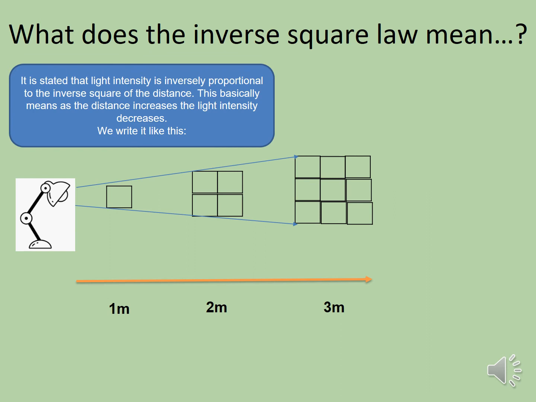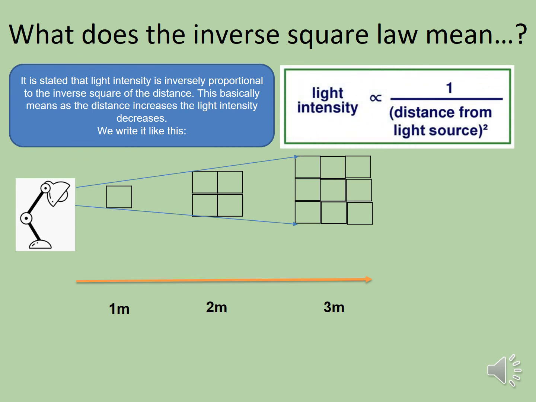But here it's inversely proportional, and we write that like this. So we've got light intensity, and then that little squiggle means proportional to, and then we have 1 over distance from the light source squared. And that relates to what we've been talking about over the last couple of slides, where you are dividing by a square of the distance.